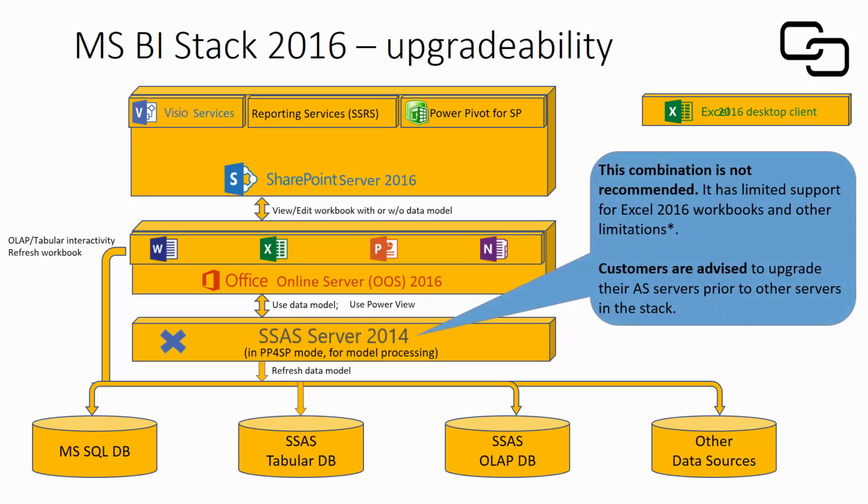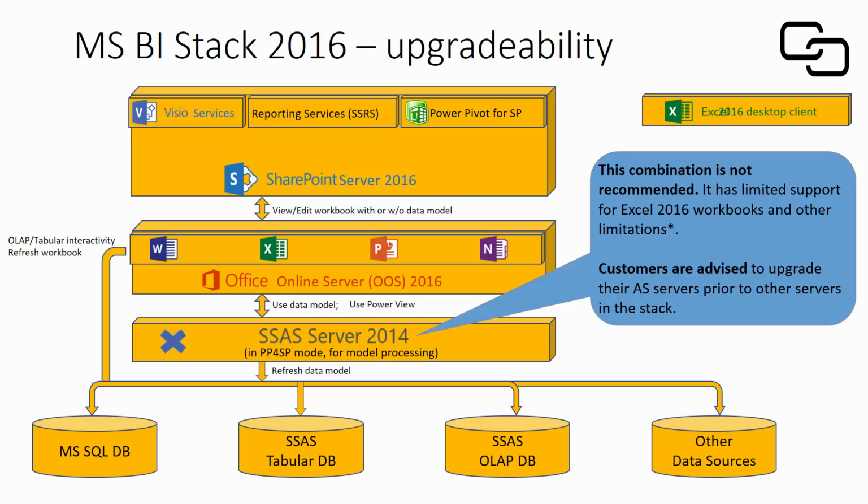Now, this kind of topology, where you upgrade the SharePoint and the Office Online Server, but you remain with the legacy version of SSAS, is supported, okay, but it is not recommended.